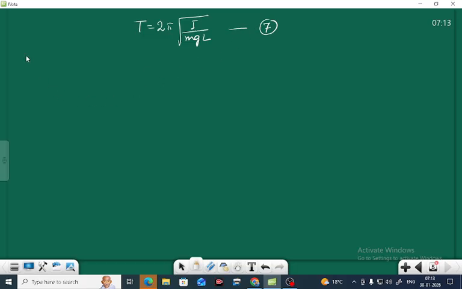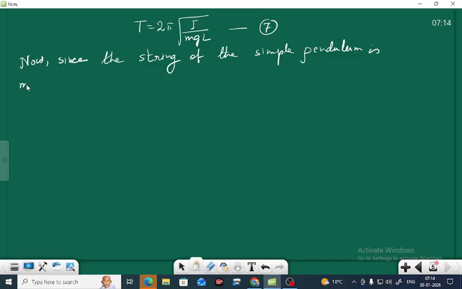Now since the string of the simple pendulum is massless, the moment of inertia I is simply m l square.